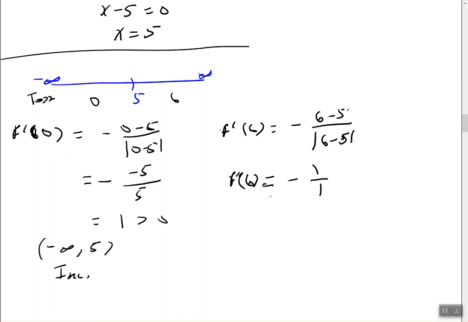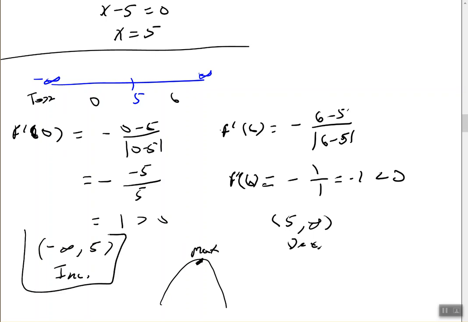We have negative 1 over 1, which equals negative 1, which is less than 0. Therefore, from 5 to infinity, we are decreasing. So if we're increasing and then decreasing, that tells us that we have a relative maximum at 5.